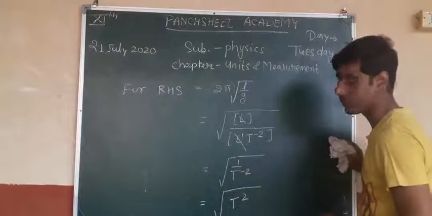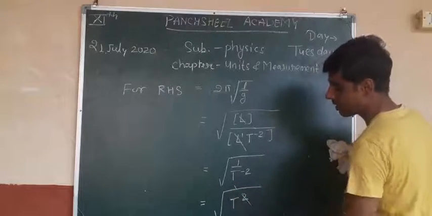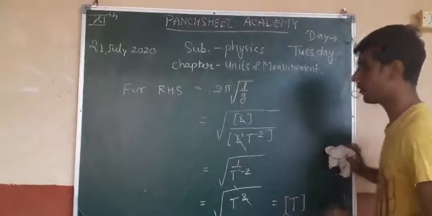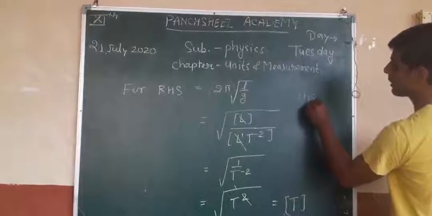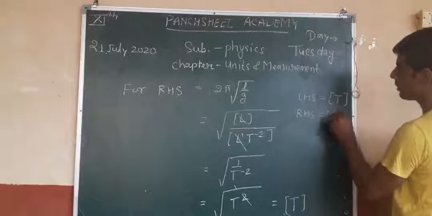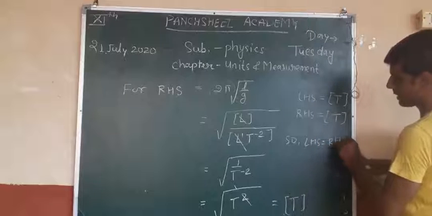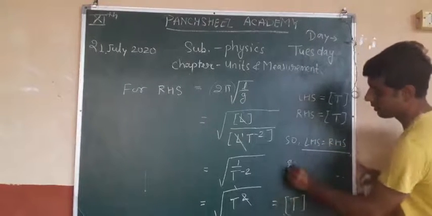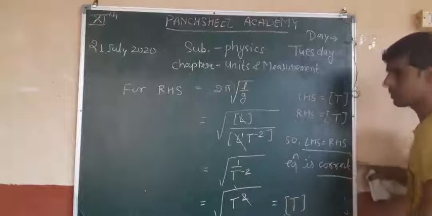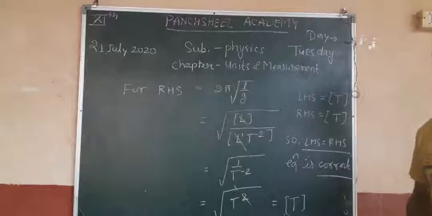So the root cancels the square, and this equals T. LHS is T, and RHS is also T. So LHS equals RHS, and the equation is correct. This shows the consistency of the equation, meaning the given equation is correct because LHS is equal to RHS.